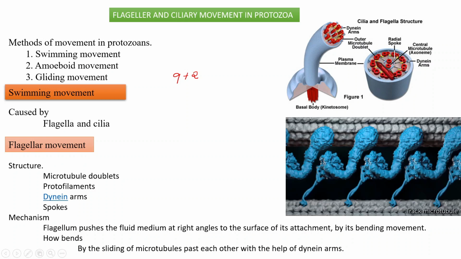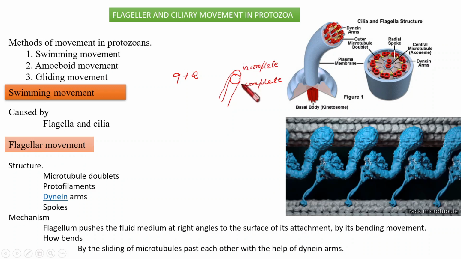Let's take the case of one duplex of microtubule. This is one microtubule, and along with that, there is another microtubule also. So this is one duplex. Among these, one microtubule is complete and the other one is incomplete.